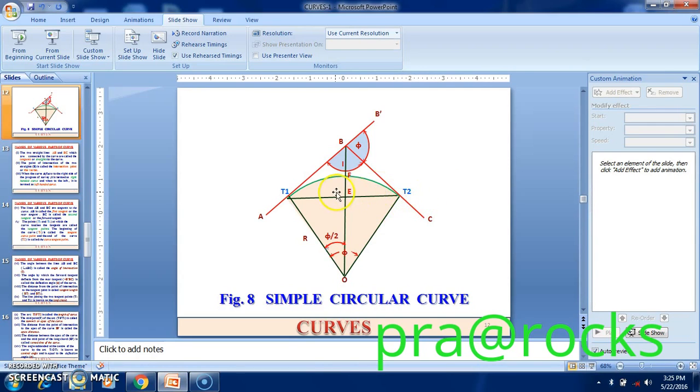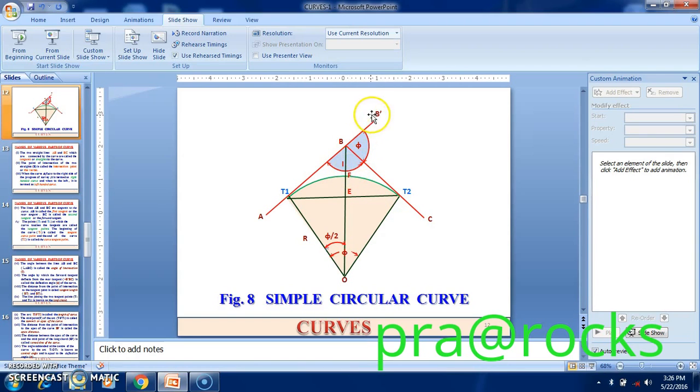Then angle ABC is the angle of intersection for this curve, and it is represented by I.